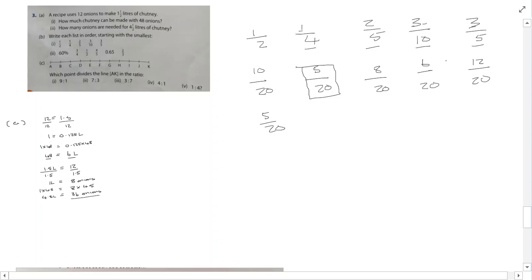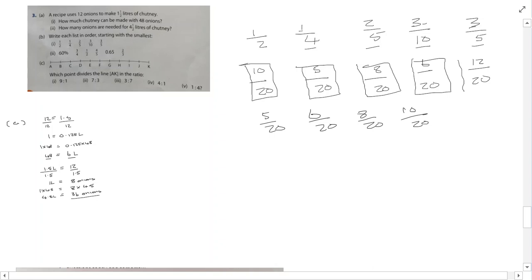So the next smallest is going to be 6/20. The next one after that is going to be 8/20. The next one after that is going to be 10/20, and then the last one is this one, which is going to be 12/20.